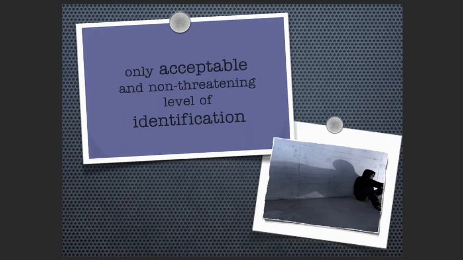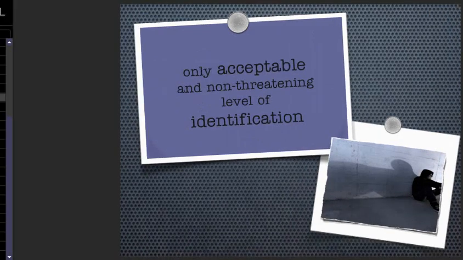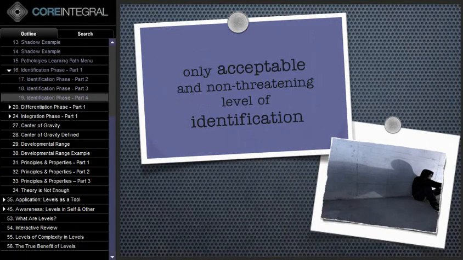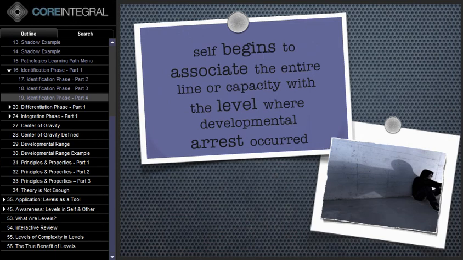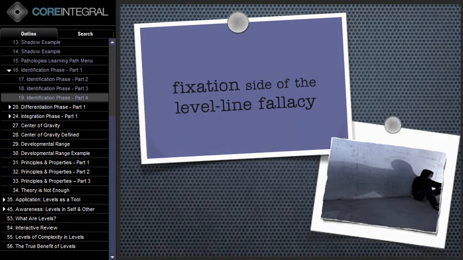Eventually, the only acceptable and non-threatening level of identification within the line or capacity that this event is taking place is perceived to be the level that the identification is arrested at. The self begins to associate the entire line or capacity with the level where developmental arrest occurred, resulting in a classic example of the fixation side of the level line fallacy.